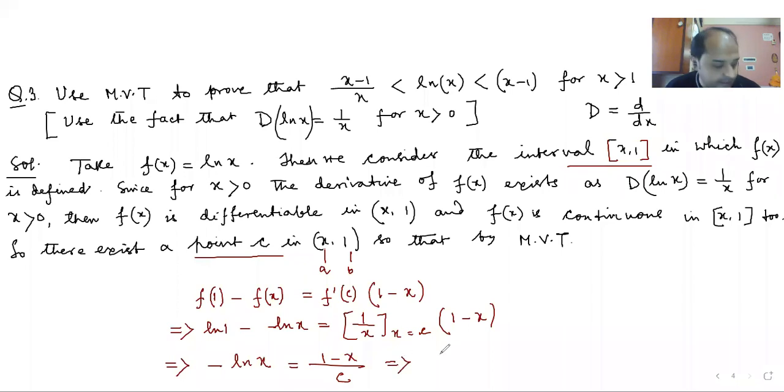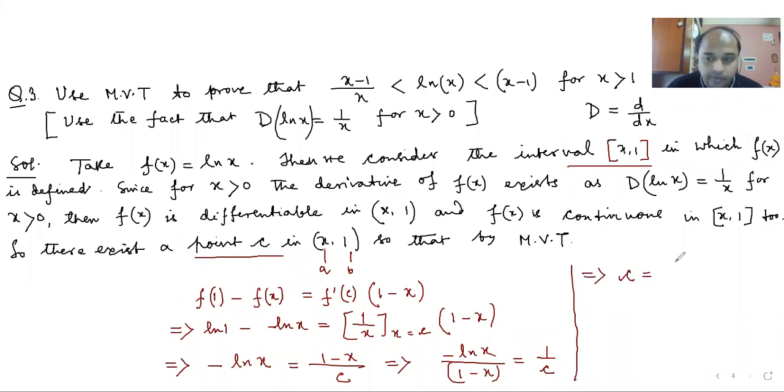And this can be written as minus ln x by (1 minus x) equal to 1 by c. And from this you can write c to be equal to (1 minus x) by minus ln x.